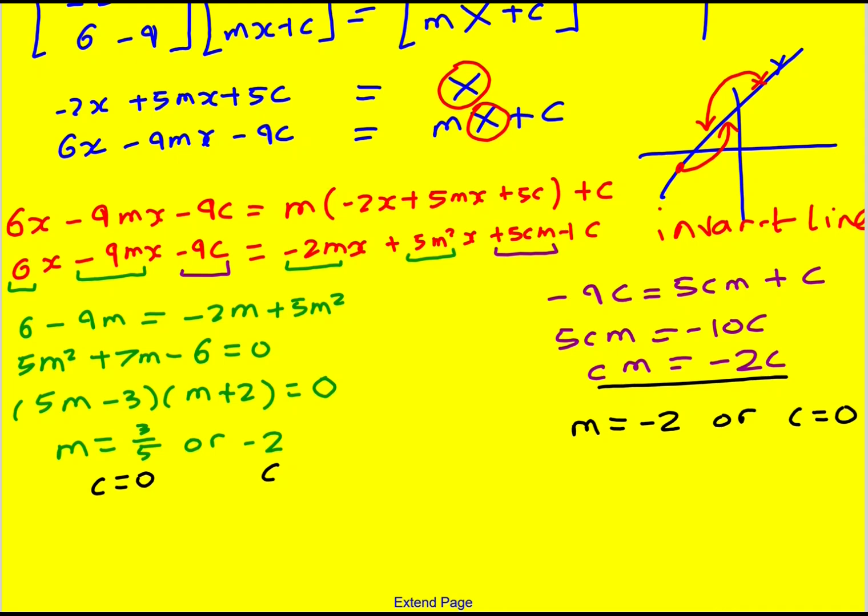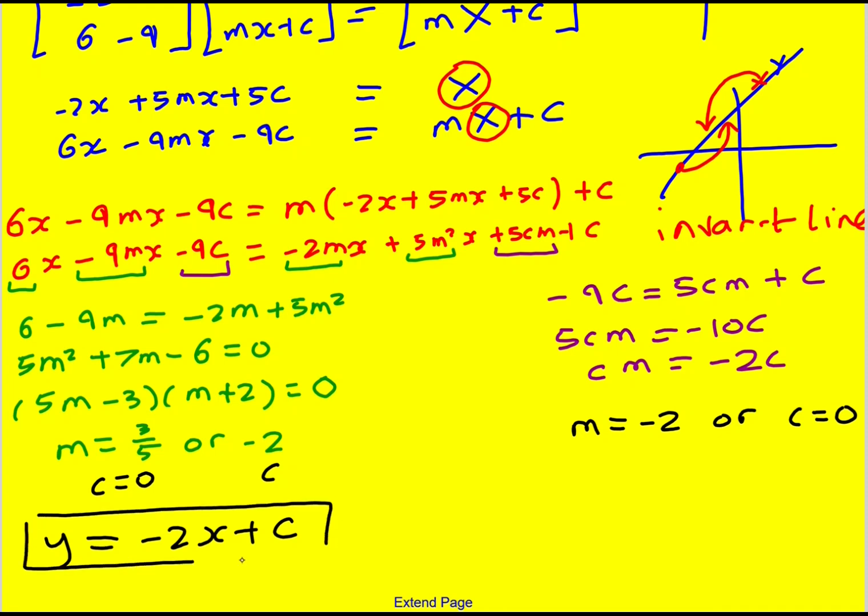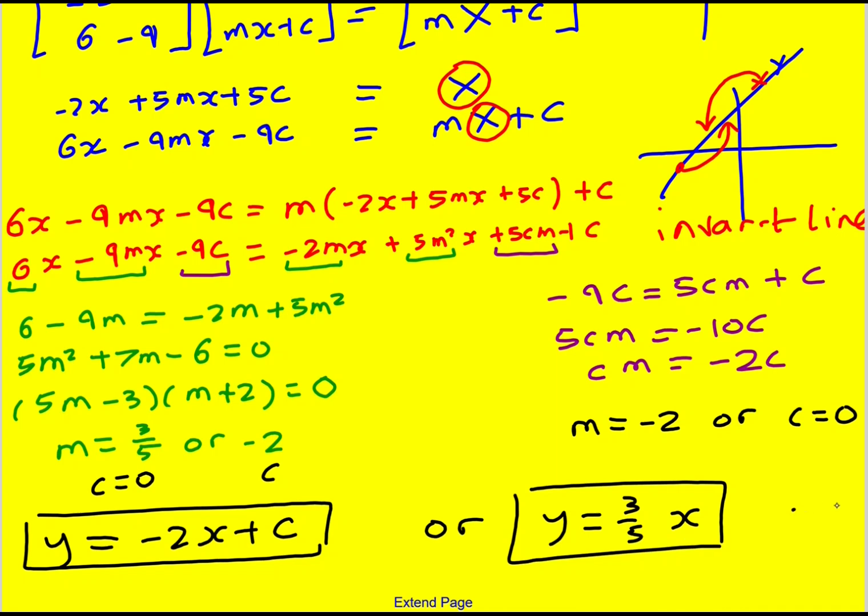Or we could sub in 3/5, and then you'd have 3/5 c equals minus 2c, and you'd see that c has to equal 0. But either way, we get our answer. Therefore, our invariant lines are going to be y equals minus 2x plus c for any value of c, or y equals 3/5 x. Brilliant.